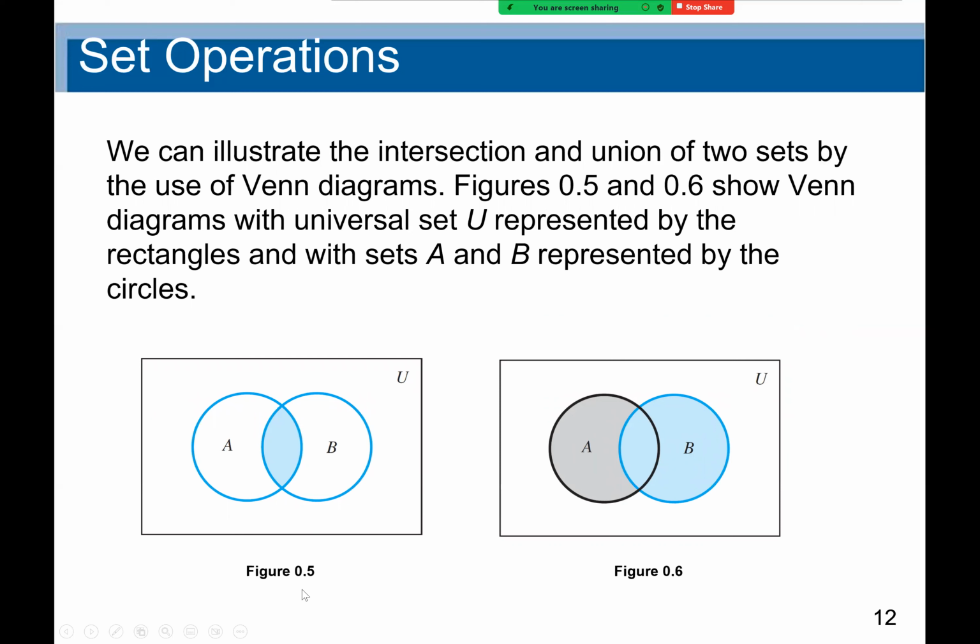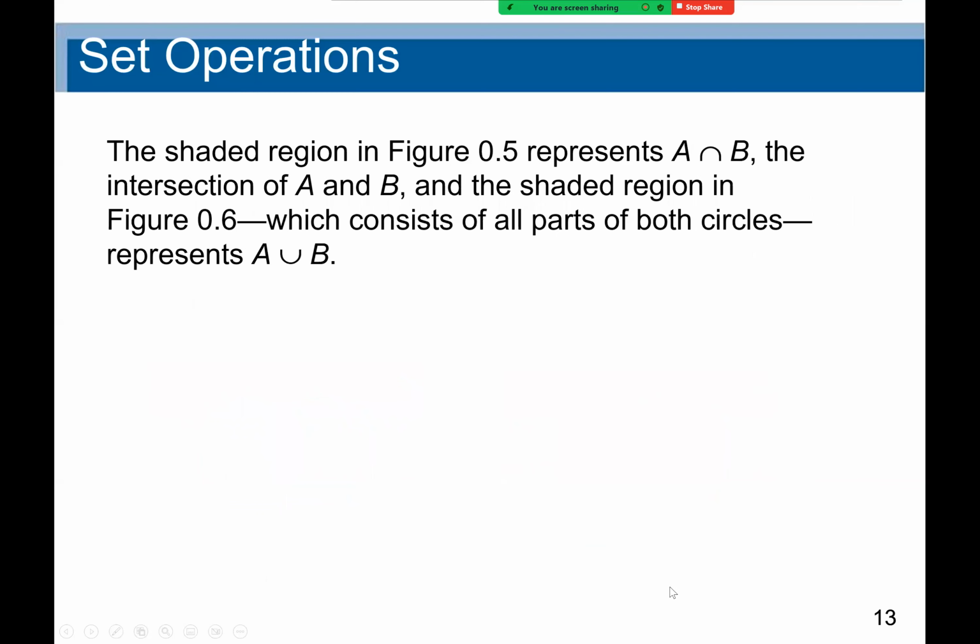The Venn diagram in figure 0.5 is intersection. So we have set A and set B, where the shaded area means the elements that are common in both A and B. This is union because we shade everything in A and also everything in B, both A and B are shaded. But in the intersection section, we are not going to have the duplicate. We take only one at a time.